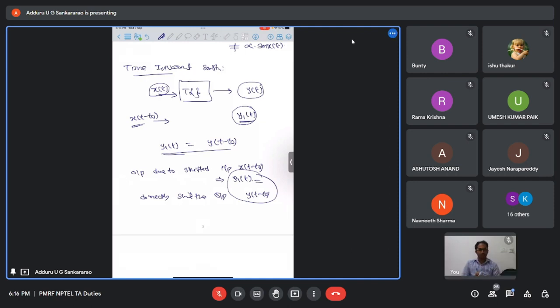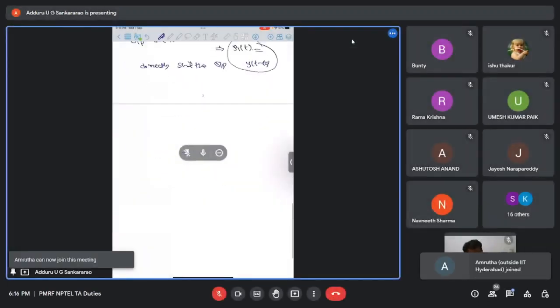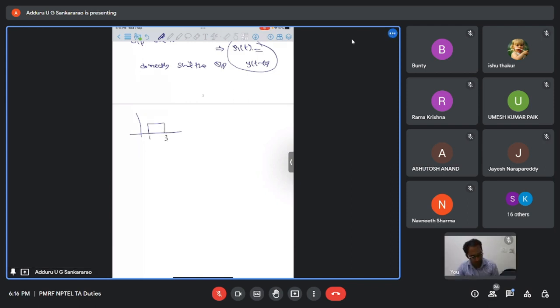So time invariant system means if you shift an input signal, let us say I have the input signal something like this, some 1, 2, 3. Now for this maybe I have some output like this, maybe some 5 to 9.